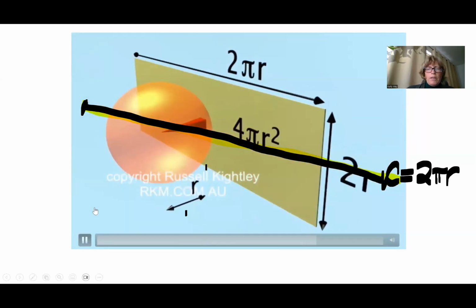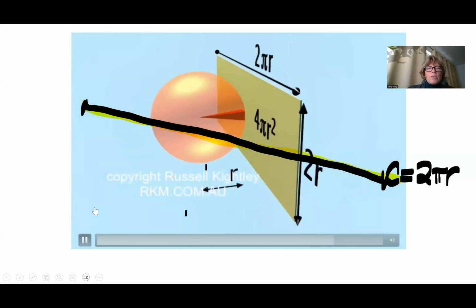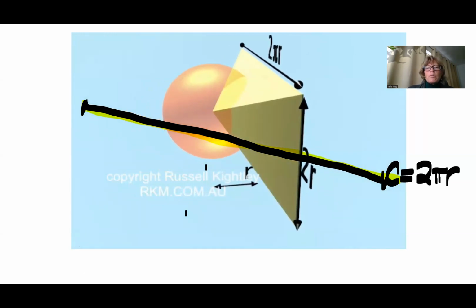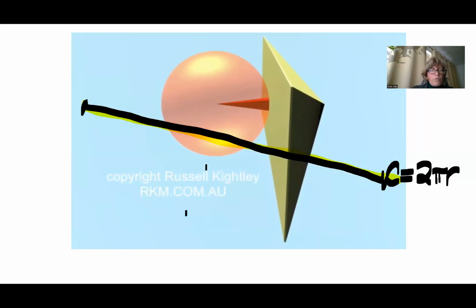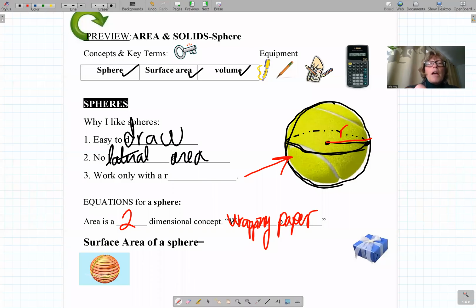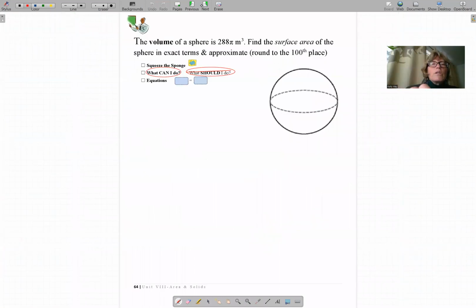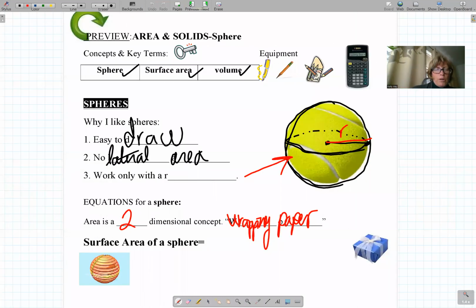And then the other length is 2 of the radius. So 2 pi r times 2 of the radius is the surface area. So that would be the felt around here for surface area. So surface area of a sphere is 4 pi r squared.